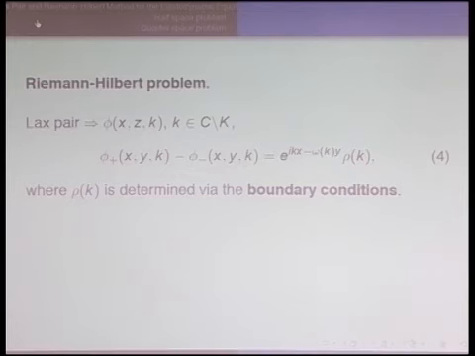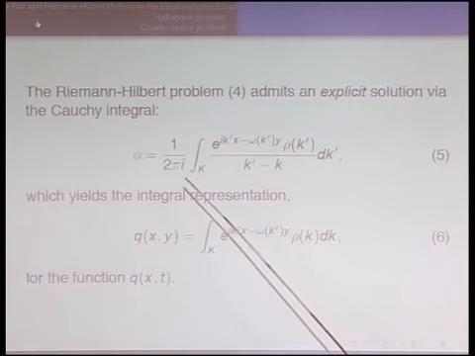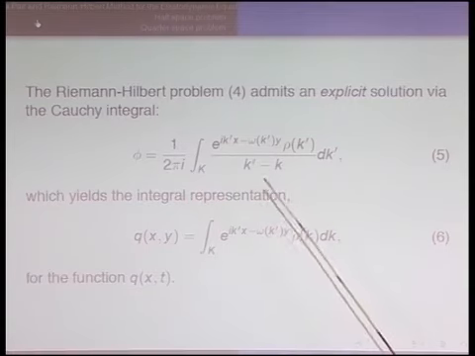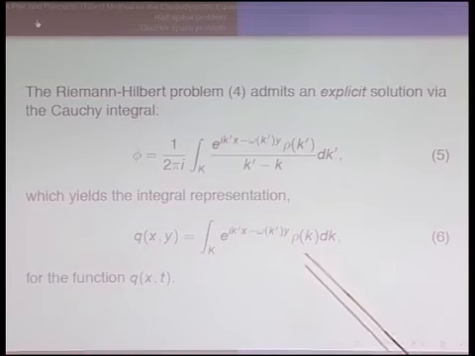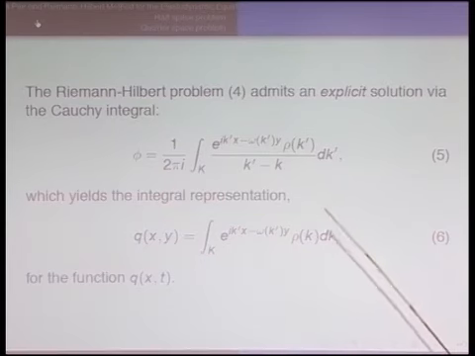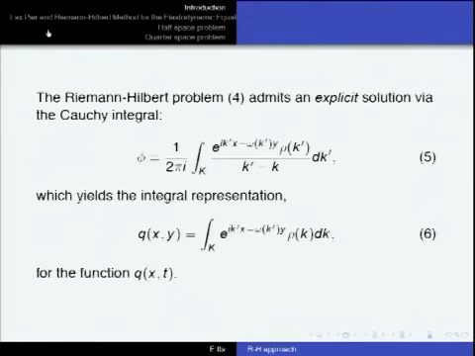If so, then the solution for the auxiliary function could be presented via the Cauchy integral, and then using some asymptotic relation for phi, we could go back to the solution for the original unknown function. That's the idea. Of course, the most difficult step here is how to find the jump function.